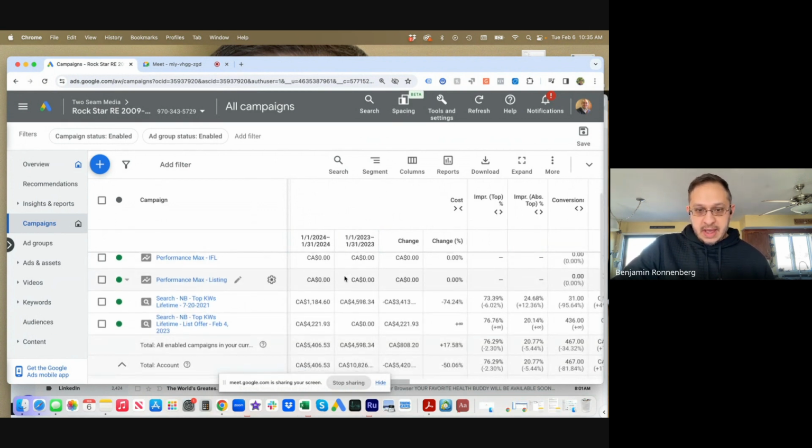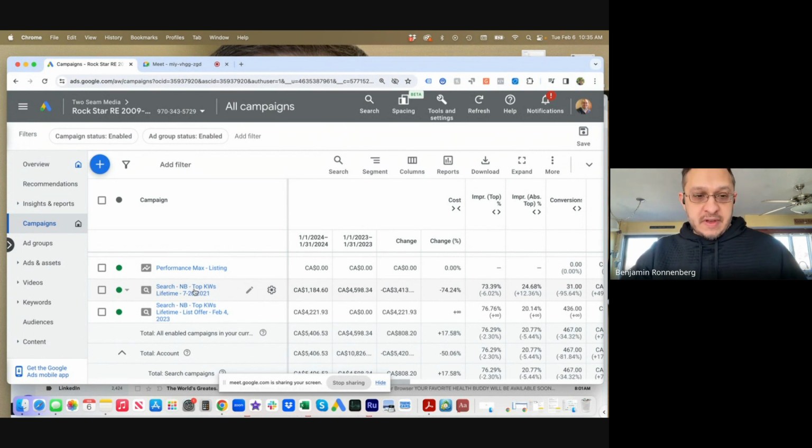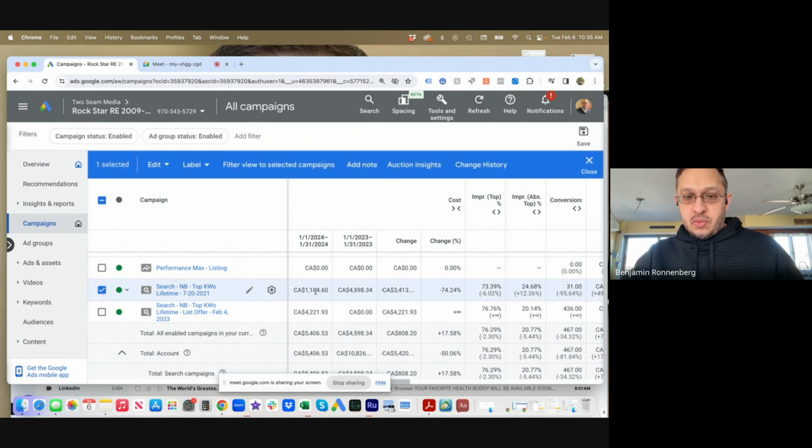Let's look at a campaign. You see data for both periods. Cool. We can compare. So this campaign is the IFL top keywords campaign. I would say this is IFL, and this is search. This campaign was down in cost year over year. In January 23, we spent $4,600 on this campaign.